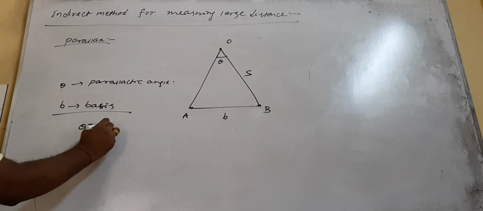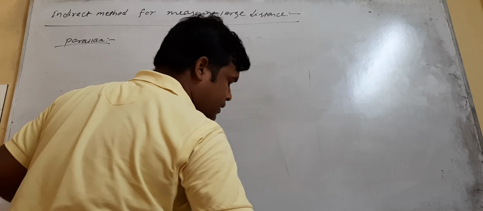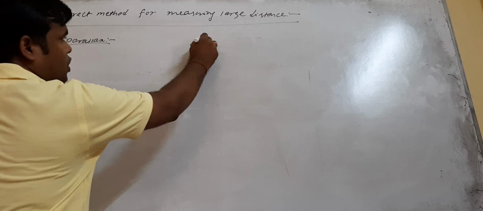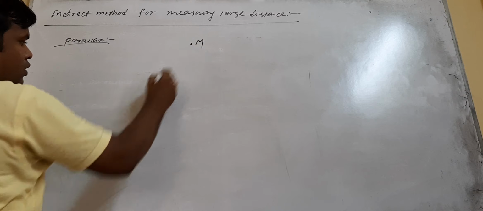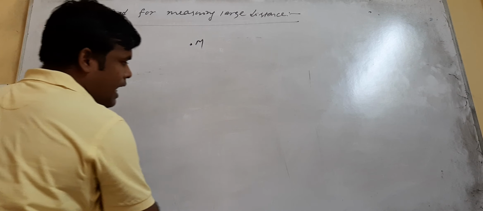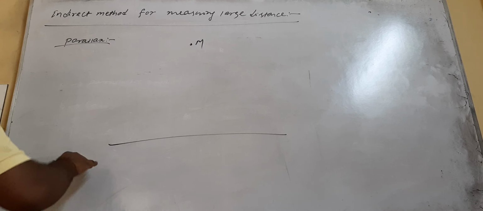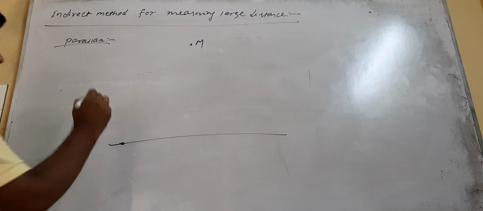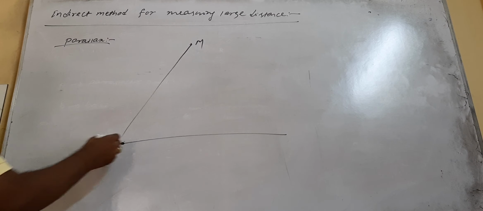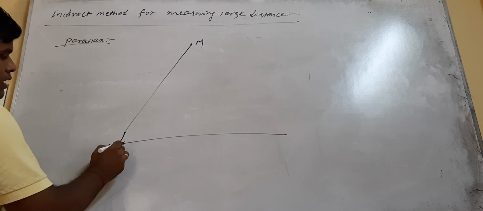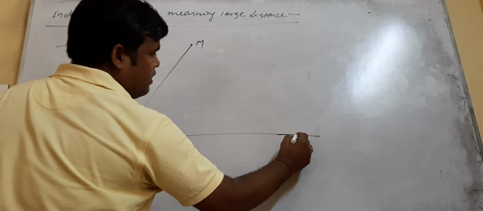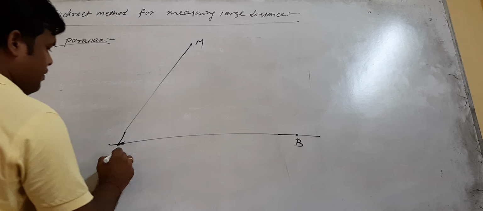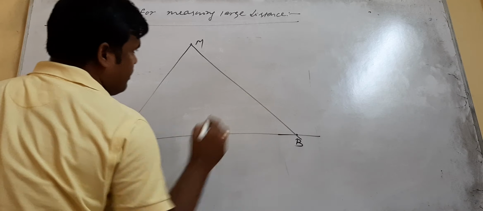For example, to measure the distance of the moon from the earth, suppose this is the position of the moon and this is the earth. If you are seeing from here, the line of sight is this, and from here the line of sight is this.